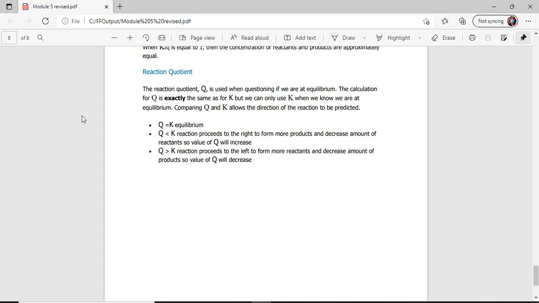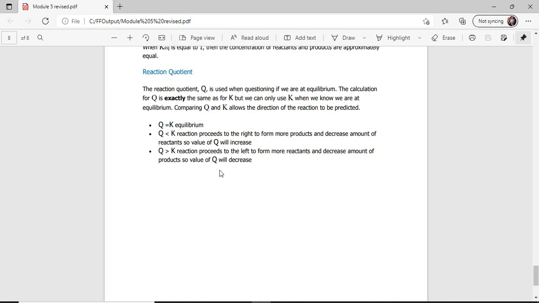Okay, for example, if your quotient is pareha sa value sa imong K equilibrium, okay, then if your Q is less than your K, the reaction proceeds to the right to form more product and decrease the amount of reactants so that the value of your Q or your quotient is the same as your K. So, magiging balance siya or magiging equal.